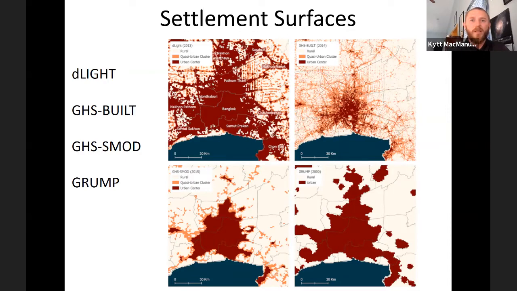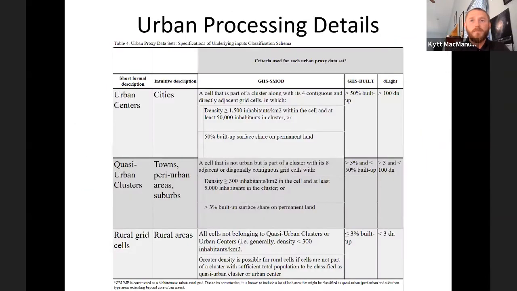I believe there are around 13 possible categories, but for our purposes, we reduced that to 3. And we also used the GRUMP data set as a basis for comparison to earlier work. GRUMP was based on nighttime lights and regression modeling. It's one of the first data sets to create a global settlement layer, so we kept it in the mix in order to compare to that previous work.